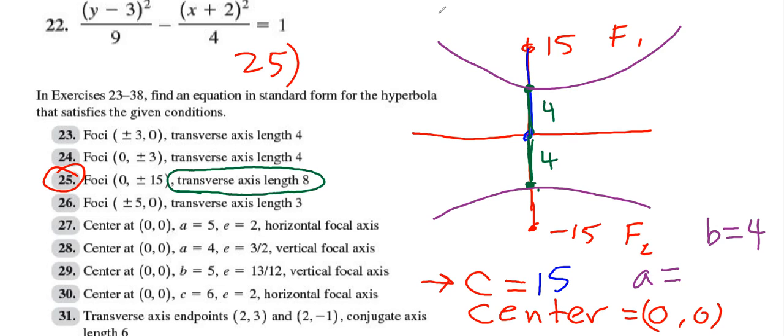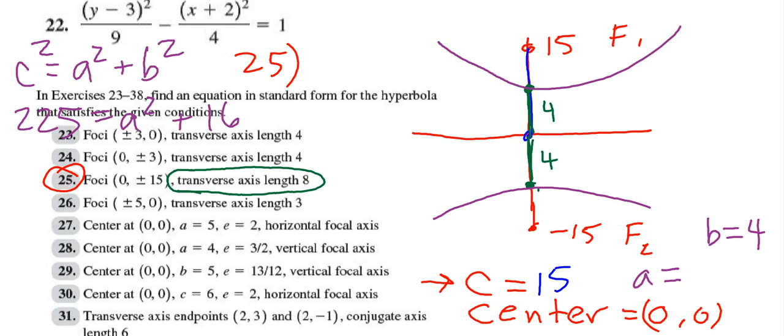So now we can use C squared equals A squared plus B squared. What do we have there? 225 equals A squared plus 16.